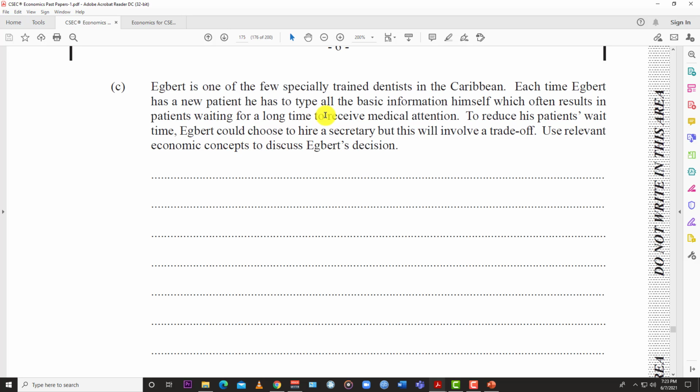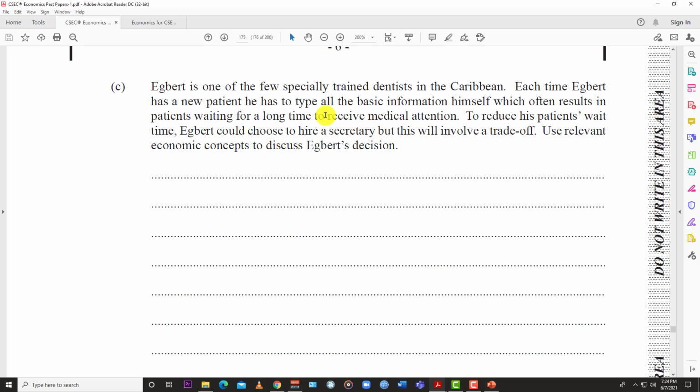But we have to understand now that efficiency comes into play right here, because Egbert might not be able to attend to as many patients as he would like because he's stuck doing all the paperwork. So he's not as efficient as he can be. His production is not as high as it can be. So we see that coming out, right, the efficiency.